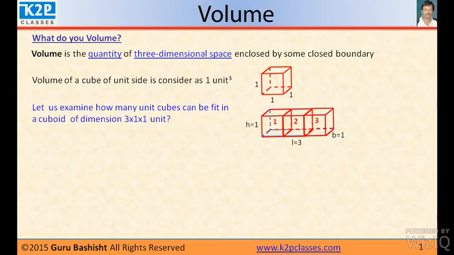So this shows that 3 unit cubes can be fit in the given cuboid. Unit cube means a cube whose height, length and width are unit 1.